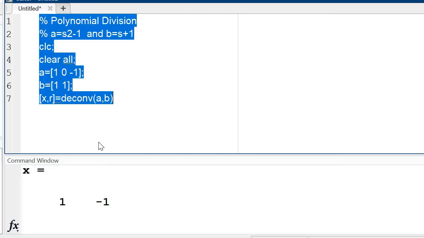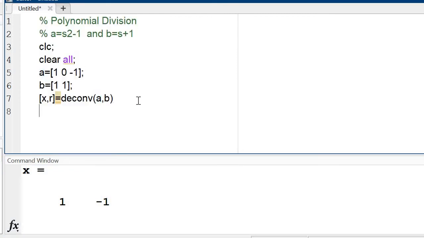It means that now x is equal to s minus 1. This is our quotient in the polynomial division.